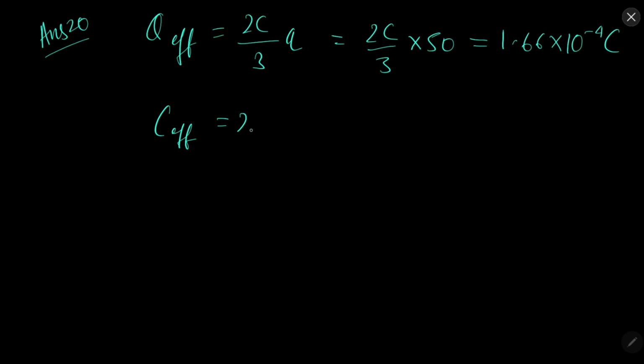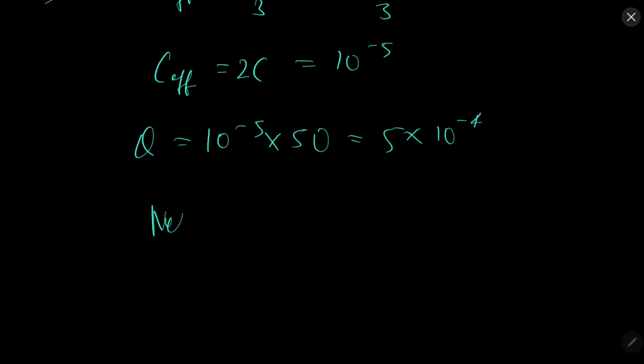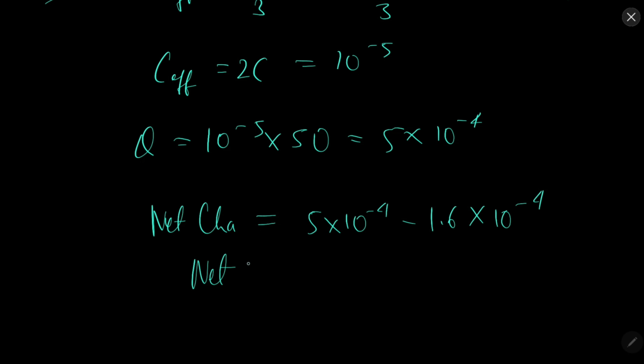Effective capacitance will be 2C, it will be 10 to the power minus 5, Q will be 10 to the power minus 5 into 50, that will be 5 into 10 to the power minus 4. So net charge will be 5 into 10 to the power minus 4 minus 1.66 into 10 to the power minus 4. So net charge will be 3.3 into 10 to the power minus 4 coulombs.